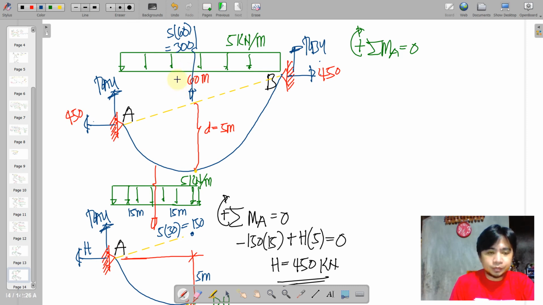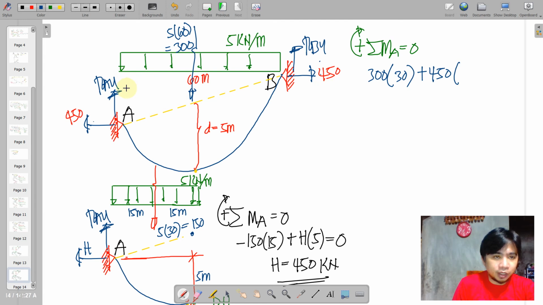Okay, so of course that is 60 just bisected there. So we have 300 by 30 plus 450 times the moment arm. I think we are lacking a given here, so maybe place the right given. From the problem, this should be 10 meters. So if that is 10 meters, we just place it here.